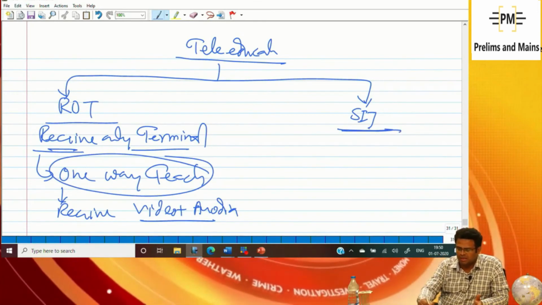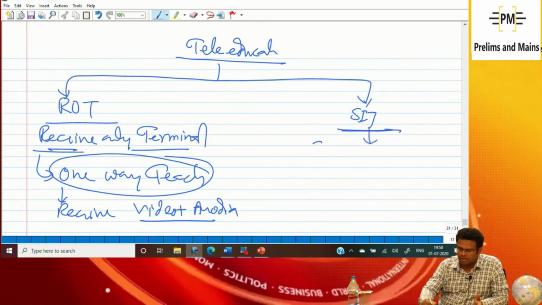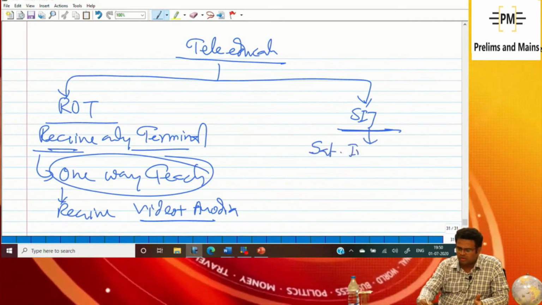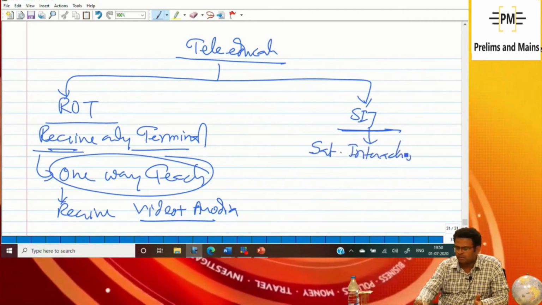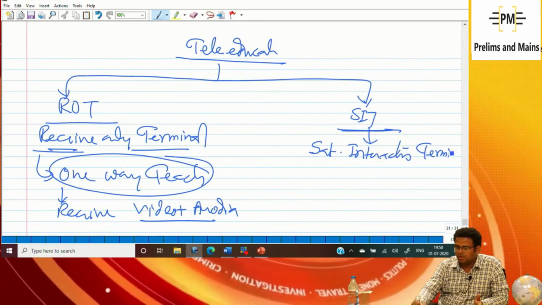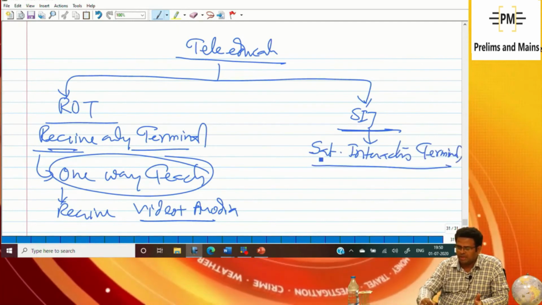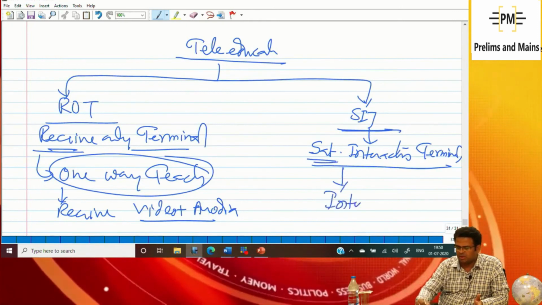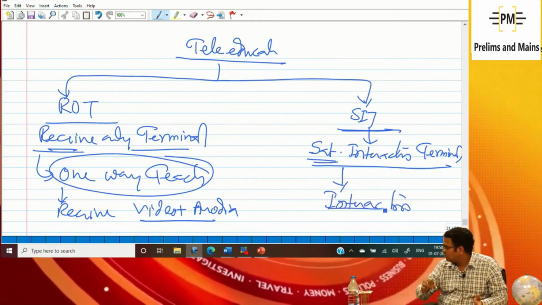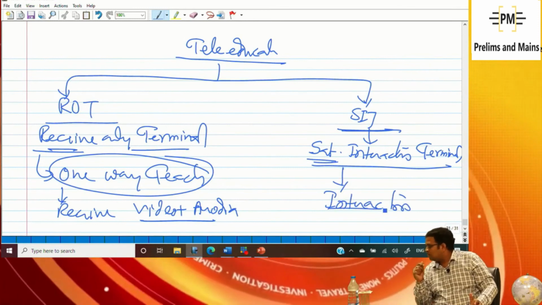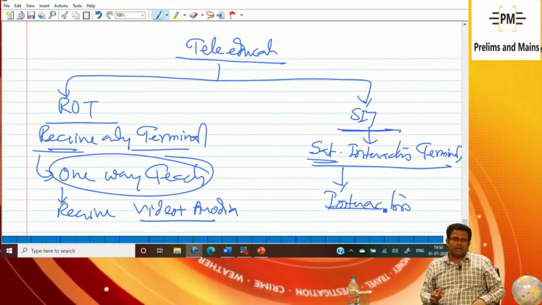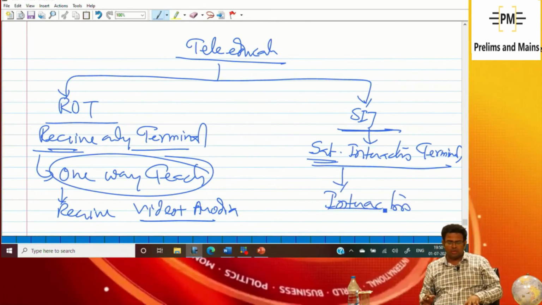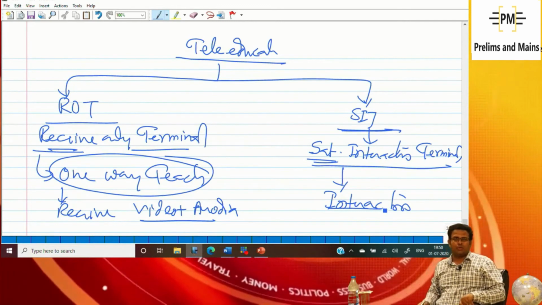It is a satellite interaction terminal. So in this one there will be interaction also. Clear? So this is known as tele-education.